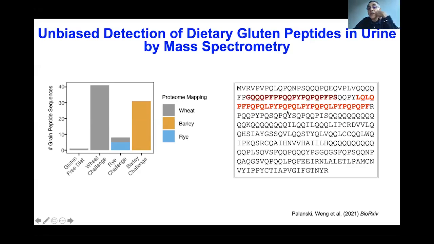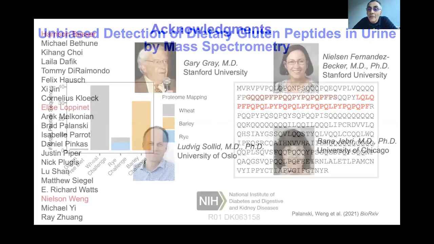But what's particularly interesting is that the best markers, when you do an unbiased detection of what's in urine, turn out to be native innate immune markers, things that trigger innate immune responses in celiac patients.